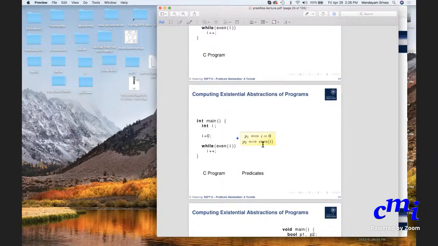As I already told you, how do you determine what predicates you have to use? Usually you want to include at least as many predicates as possible corresponding to every atomic formula in the property you want to verify.